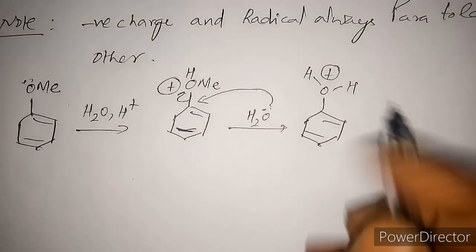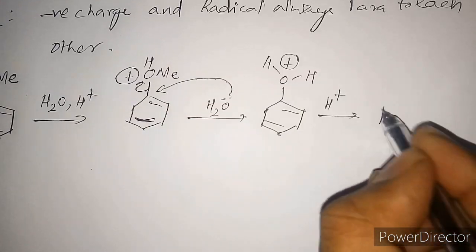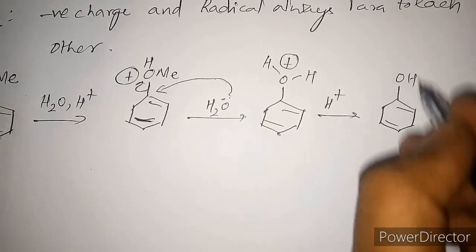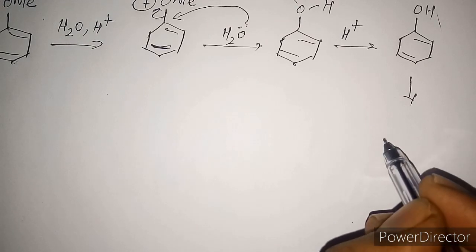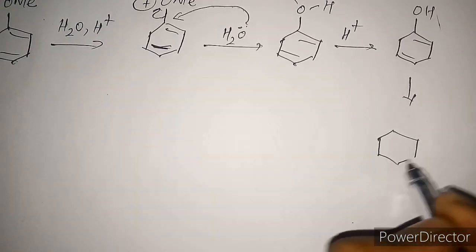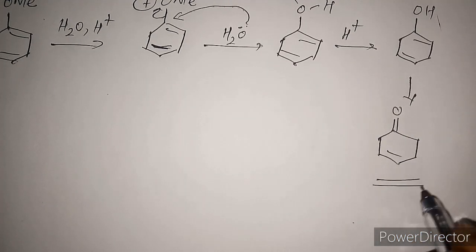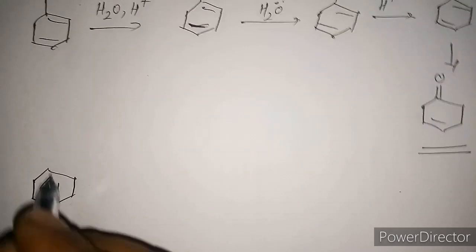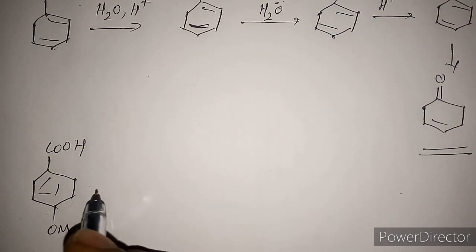Now this will lose H plus. So once it loses H plus, we will get OH. So this is the enol form. It will be converted into the keto form. So this is the product. Now in this case, COH and OMe are para to each other.